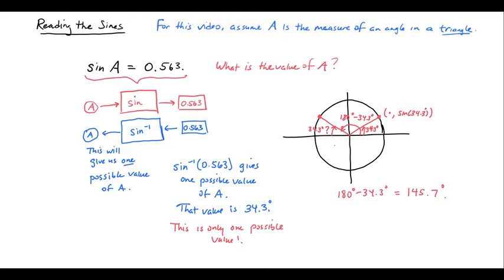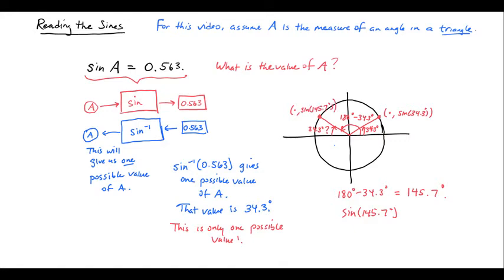So that means sine of 145.7 degrees, I'm going to draw that on this picture here. This is some x-coordinate, which is the opposite of the other x-coordinate, and then the y-coordinate is sine of 145.7 degrees.